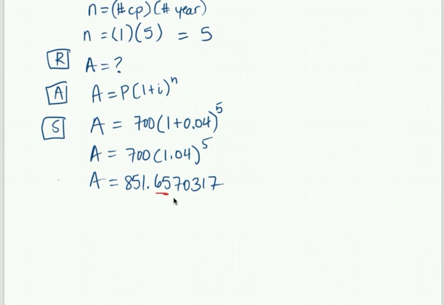So what you're going to do is look at the first number of all the numbers you're going to drop off, because we're going to drop all of these off here. If this number is 5 or bigger, I want you to round this number up. This is the last one we have to keep. If it's not 5 or bigger, so it's less than 5, so it's like 4 and under, then you're going to keep it the same.